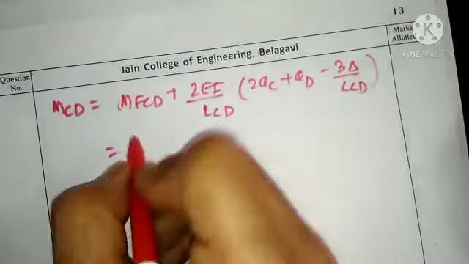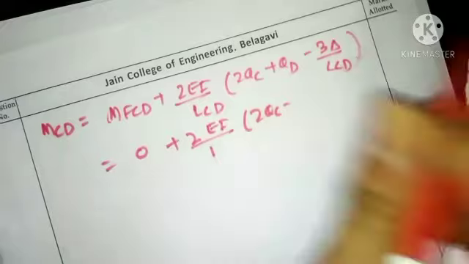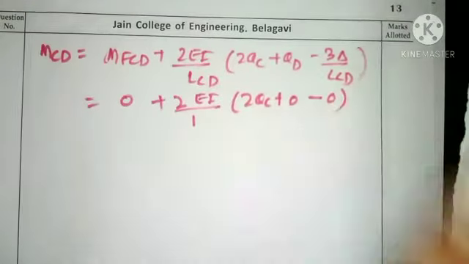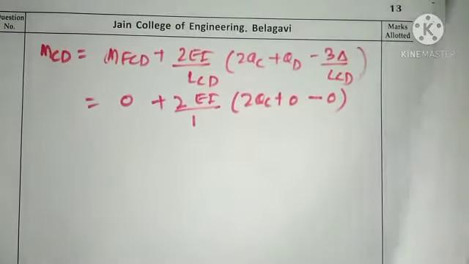Plus 2, the EI value is 1, so you are going to keep it as it is, 2EI divided by LCD, whose value is 1, times 2 theta C. Theta C shall be kept as it is because it is non-fixed. The theta D value will be 0 and the delta value will be 0 because D is fixed.